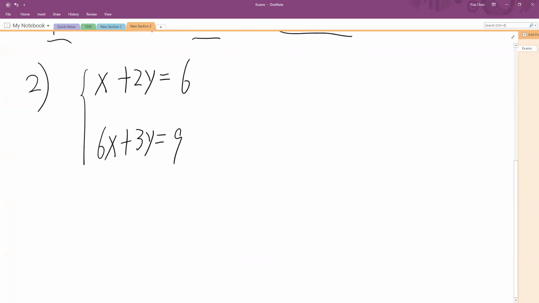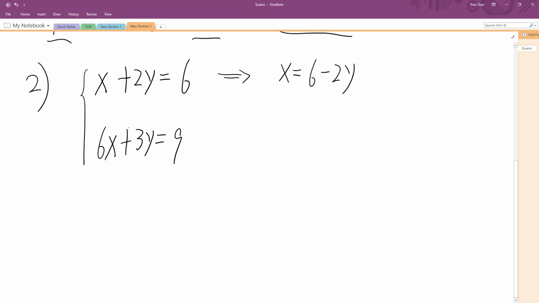Okay, so the method is given, the substitution method. So here, which one do you want to choose to do the substitution? You want to solve one variable in terms of the other one, right? Which one is the easiest, most convenient one? The top one, right? So the first one gives you x equals 6 minus 2y, right?